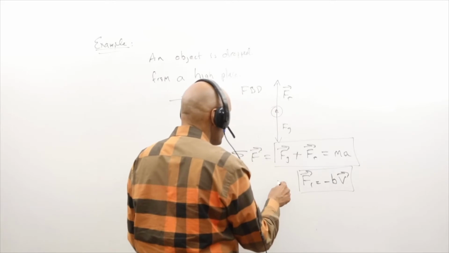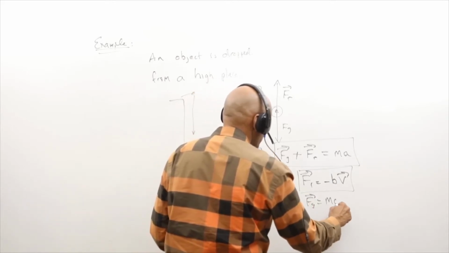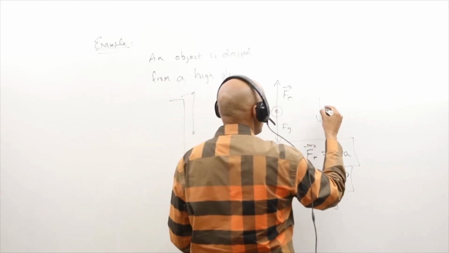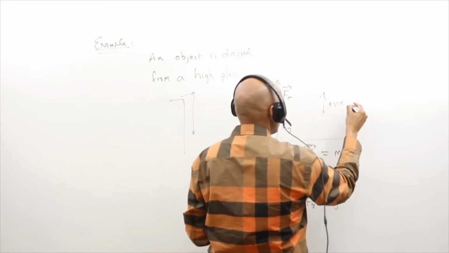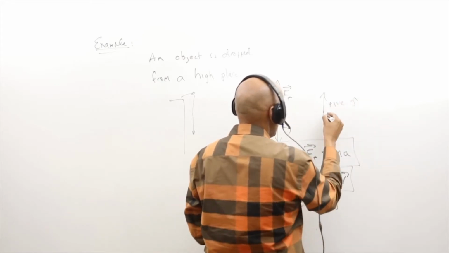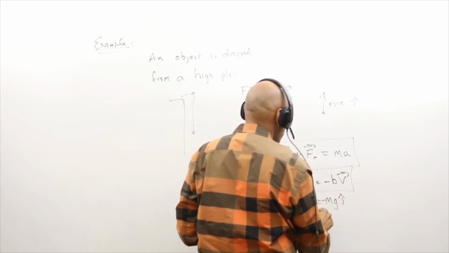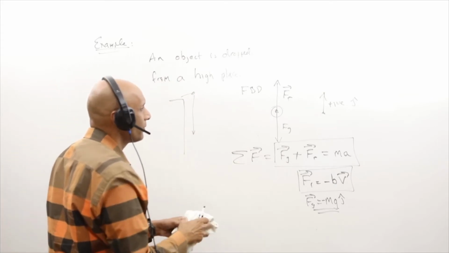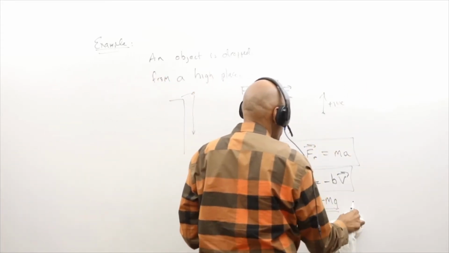Force of gravity is nothing more than Fg is equal to mass times g, and I'm going to assume that down, actually let's put up as positive, which is j, and down is negative, so this is actually minus j hat. So let's plug this into this equation. In fact, I'm just going to assume one dimension anyway, so let's call it minus mg down.